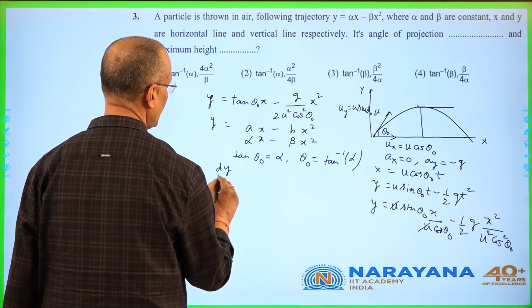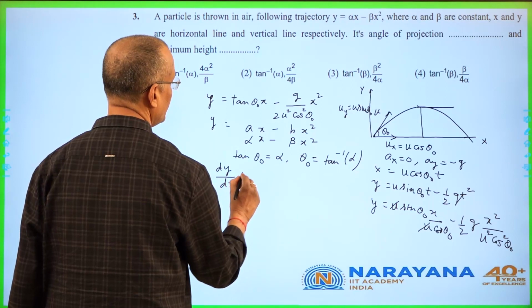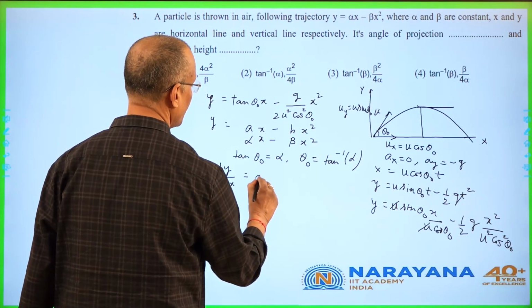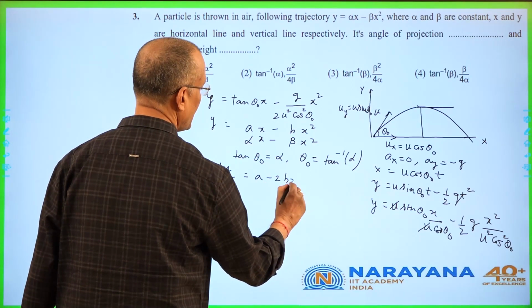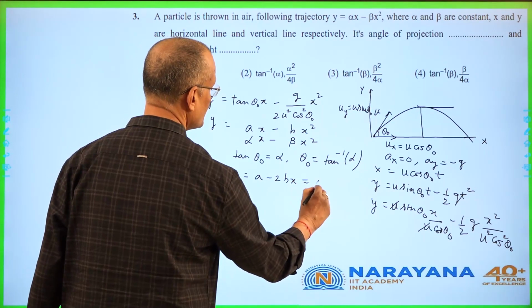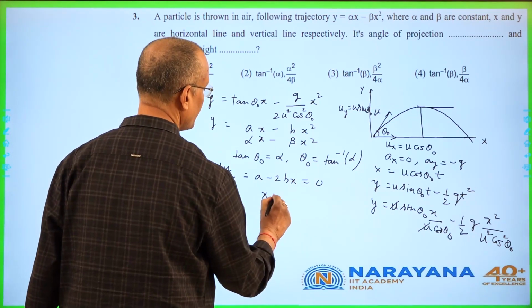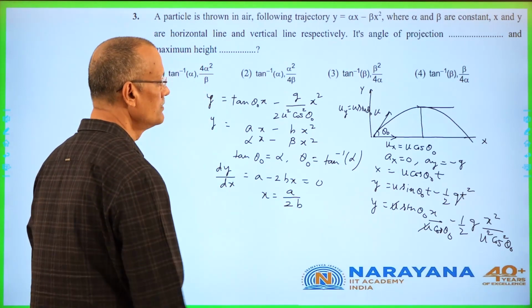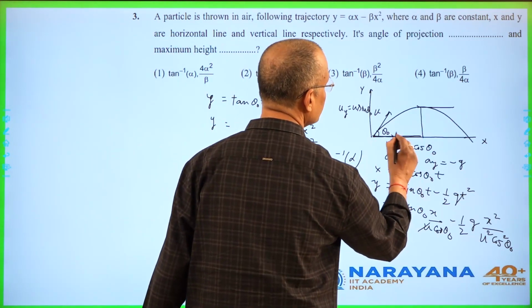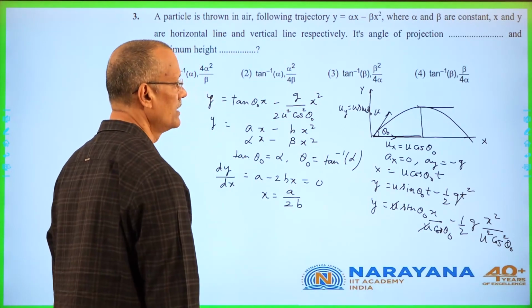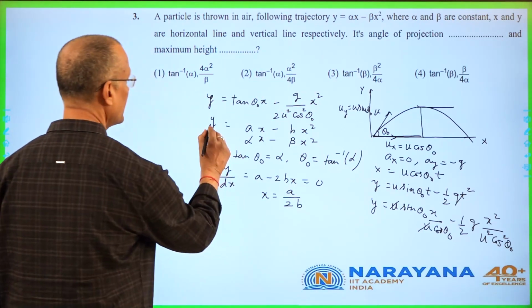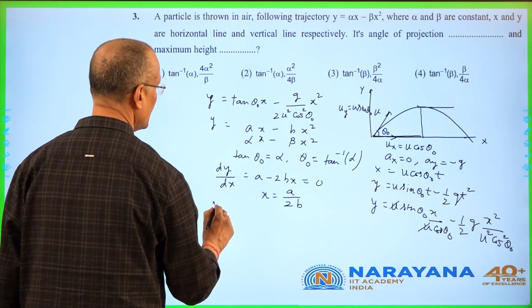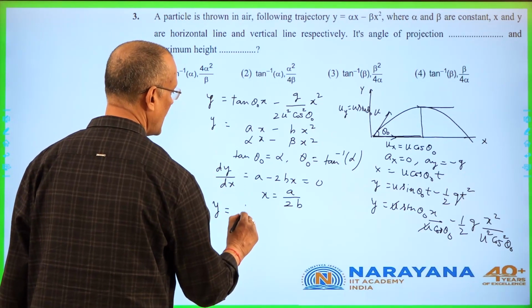I am differentiating it, dy by dx. This will become a minus 2bx, and this should be 0. The x will become a by 2b. Means this distance x is a by 2b. So for maximum height, again I am going for this, y equal to alpha.